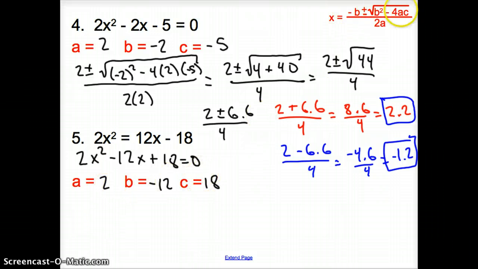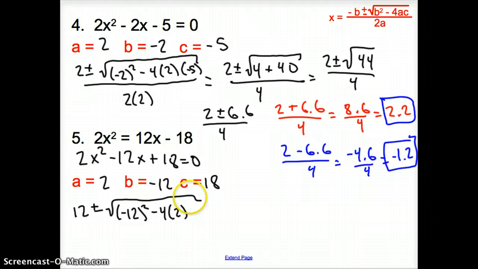Plugging these into our quadratic formula, we have opposite 12, which is 12, plus or minus the square root of b squared, which is negative 12 squared, minus 4 times 2 times c, which is 18.